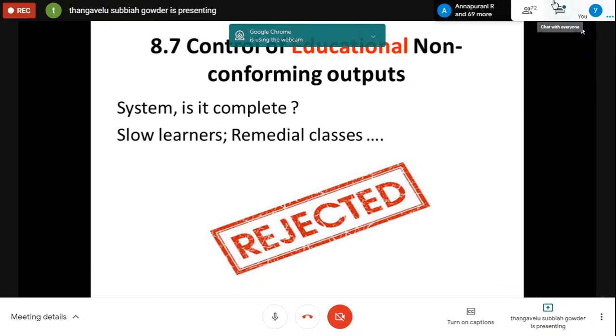See, it will happen. Nobody is saying that non-conforming outputs will not happen. It will be there. How are you managing it, how is it identified at the source? At the initial point of time, we should be in a position to identify it, and how it is segregated, how it is monitored, how it is retested, how it is corrected, and in future, it should not happen, which means what are the preventive actions we have taken. Those records we have to maintain.